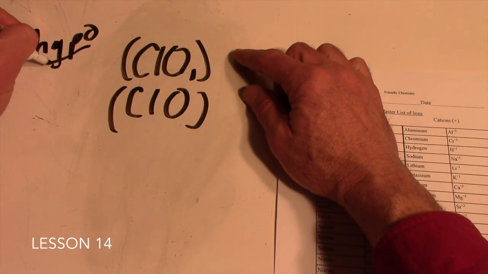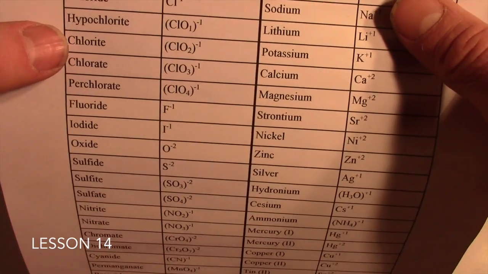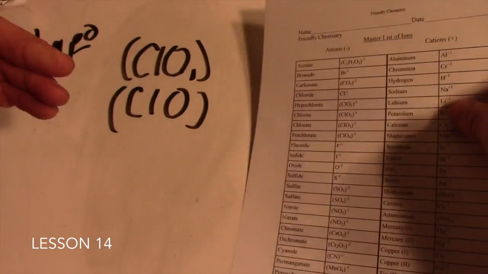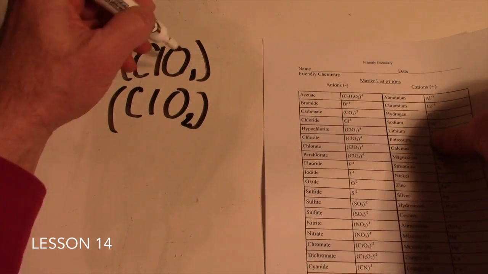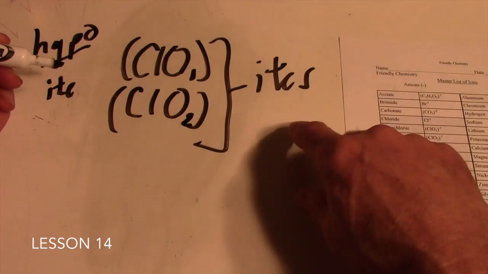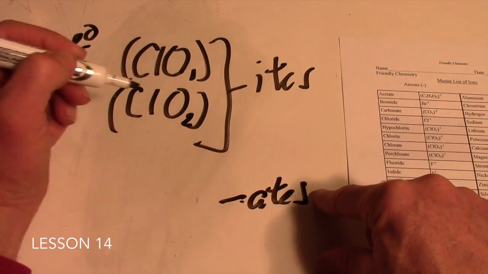Okay, so we have hypochlorite. Then the next one down was chlorite. Righty? So it's going to be ClO2. Now both of these are ites. So as a set, they're both ites, and they're going to come before the next 2, which are both ates.